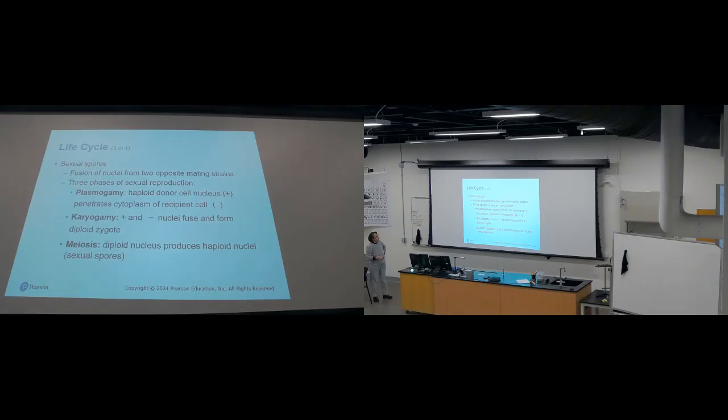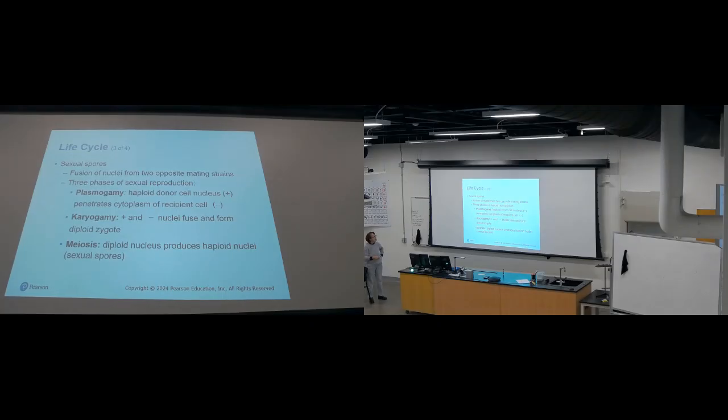Okay, so for sexual spores, they basically have two mating strains that fuse their nuclei. And then after this fusion, you have 3 phases of sexual reproduction. So basically you have something called plasmogamy, in which your haploid donor cell nucleus, which is plus, penetrates the cytoplasm of the recipient, which is the minus. So similar to F plus, F minus.